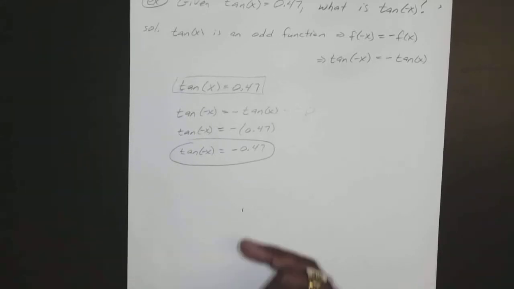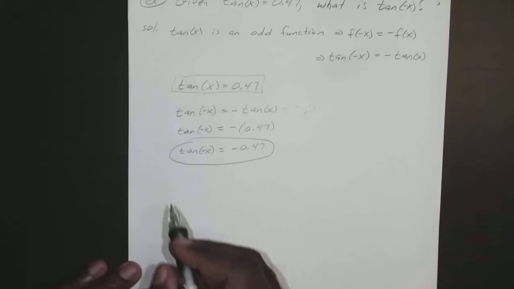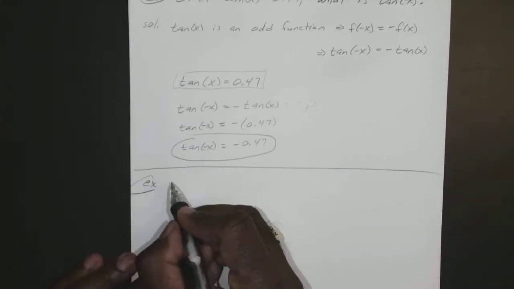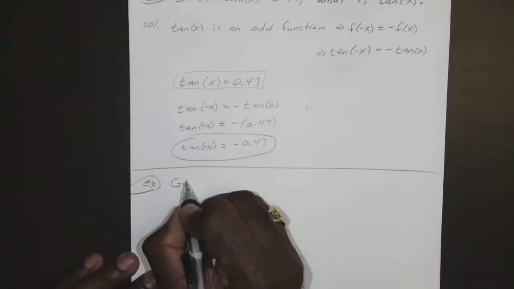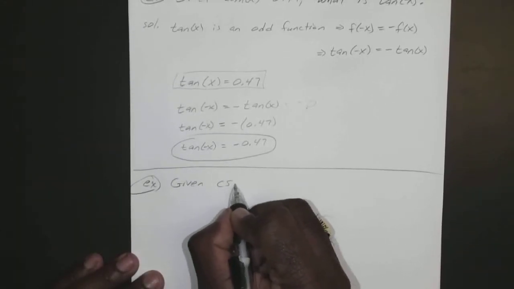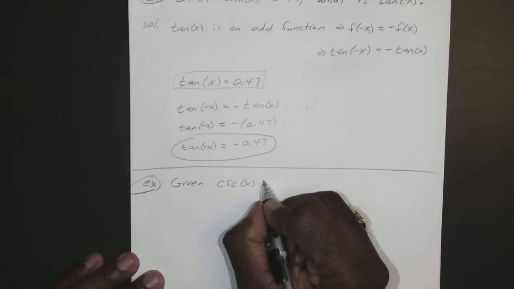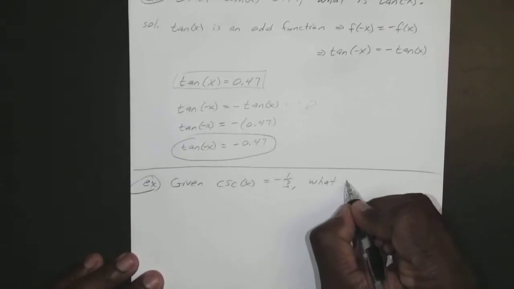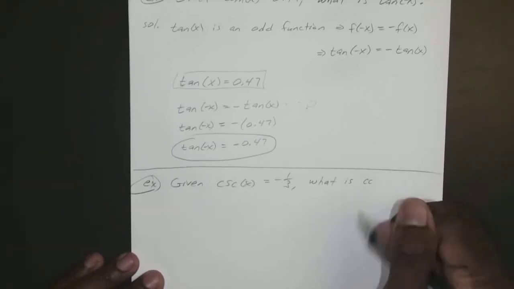All right, so let's do one more. Let's say if you're given cosecant of x is equal to negative 1/3, what is cosecant of negative x?